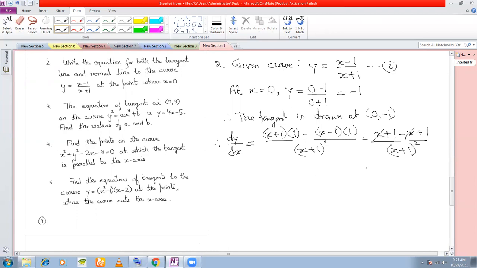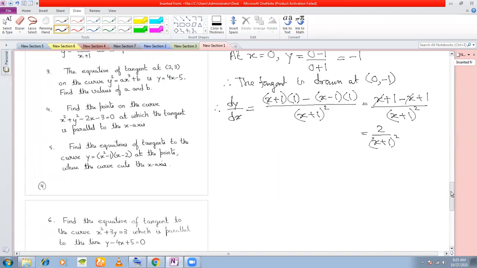This cancels here, so we get 2 by (x plus 1) whole squared. This is the value of dy/dx.